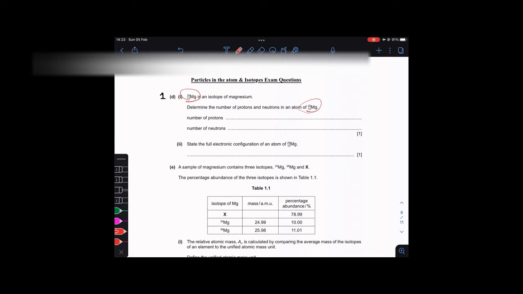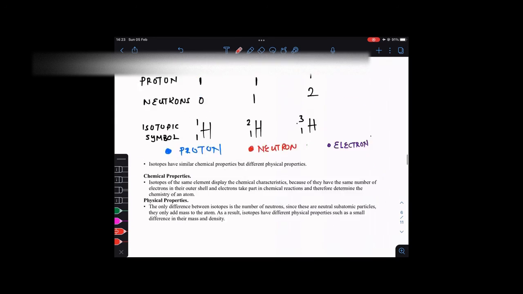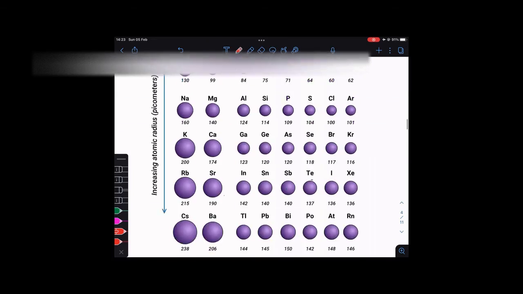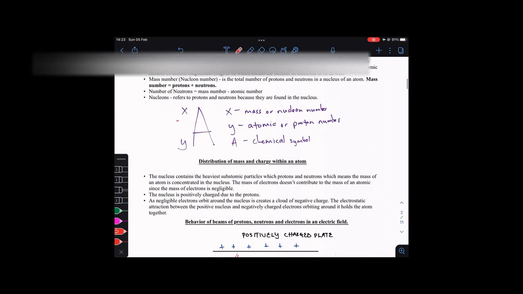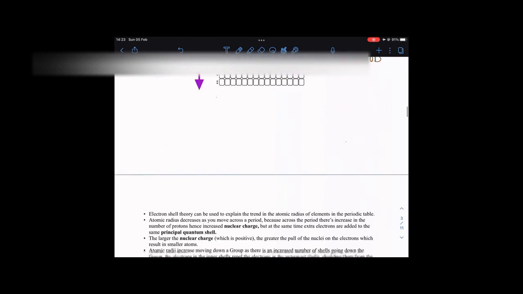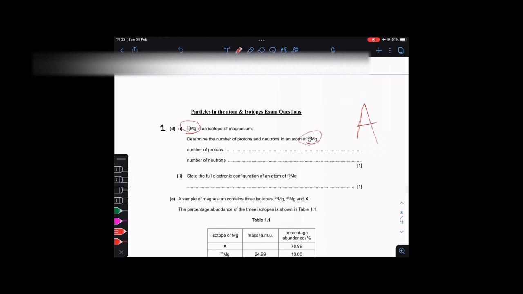So what are the number of protons? From our notes, it was X, which is the mass number or nucleon number, and Y, which is the proton number. You should know this whole thing, and A is the chemical symbol. So we're going to use the same thing again.